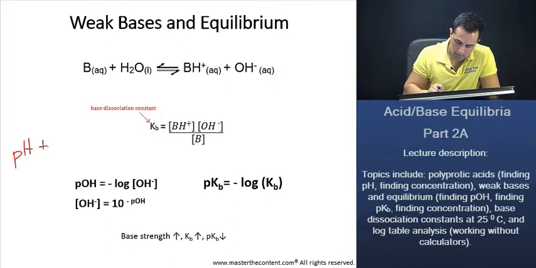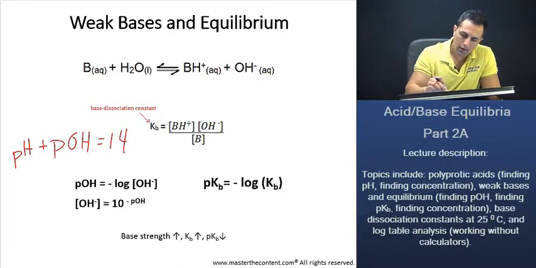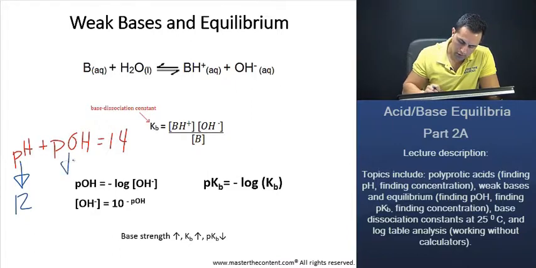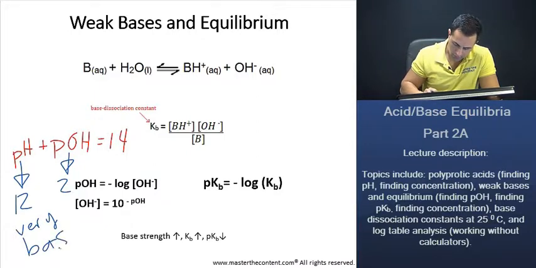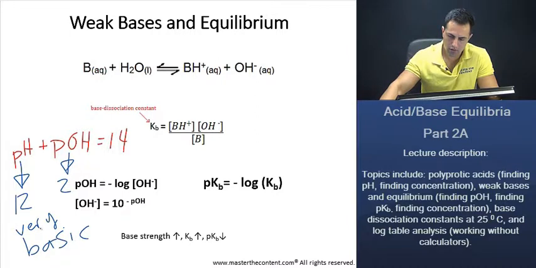pH plus pOH equals 14. Now, if pH were to equal 12 and pOH were to equal 2, this is going to be a very basic solution, and we know that because the pH is 12.